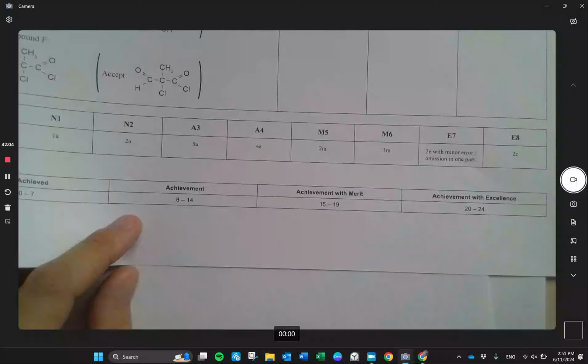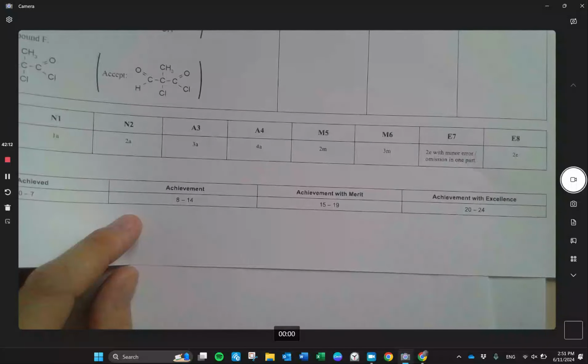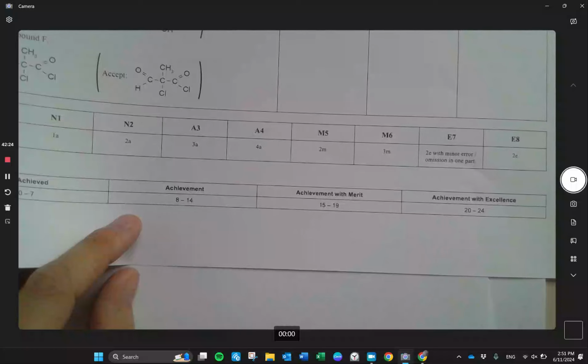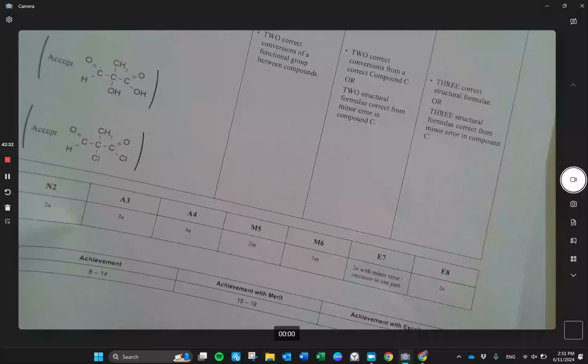If you get A3, A3, that's 6, and then an N2, that's enough to get 8. So answer everything, even if it's a not achieved answer, those points still count to your overall. And that can be enough to push you over the line. If you get N2, N2, A4, that's, again, 8 points. So you can fail 2 questions, pass one of them, then you're fine.